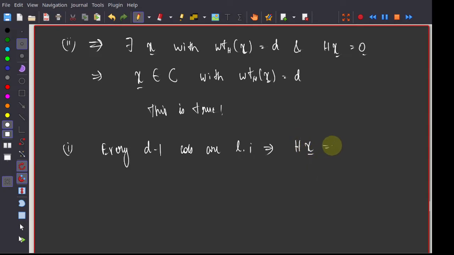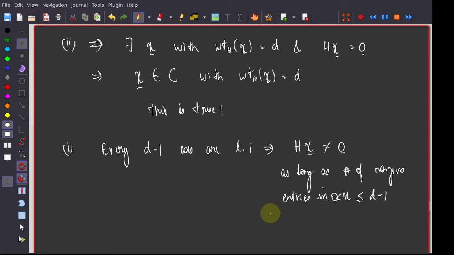H times X is not equal to 0 as long as the number of non-zero entries in X is less than or equal to D minus 1, but of course greater than 0.